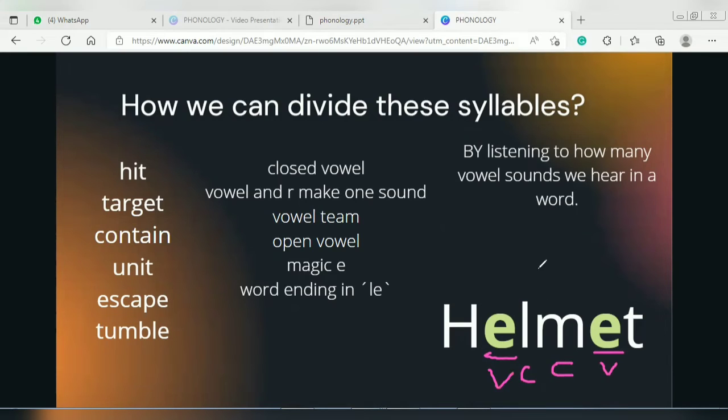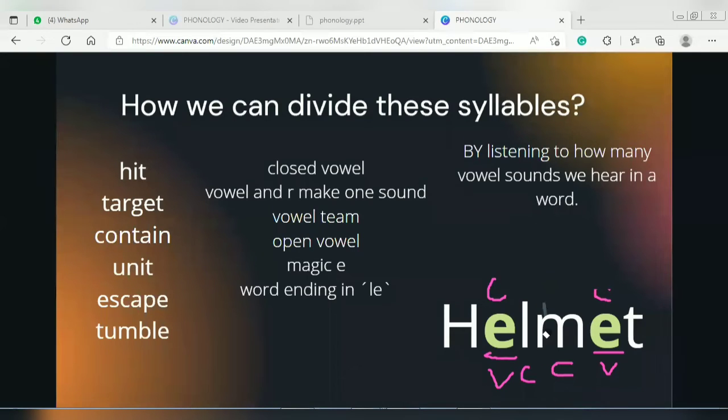There is a rule that says that if we have this type of word, the consonants are separated like this. The first syllable is "held" and the other is "met": held, met. And this vowel is closed, and the same is closed.